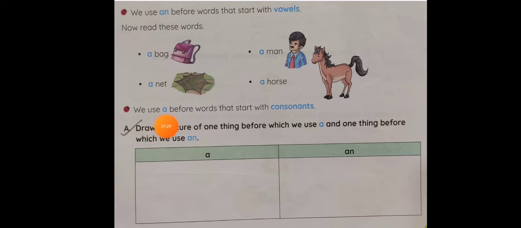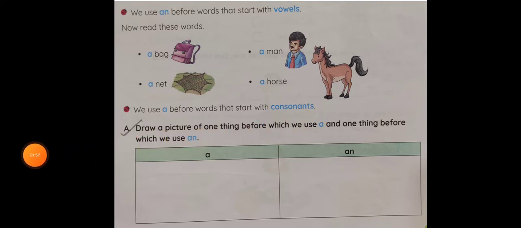We use "a" before words that start with consonants. Okay children? Now you have understood where we use "an" and "a". See, we use "an" before words that start with vowels, and we use "a" before words that start with consonants.